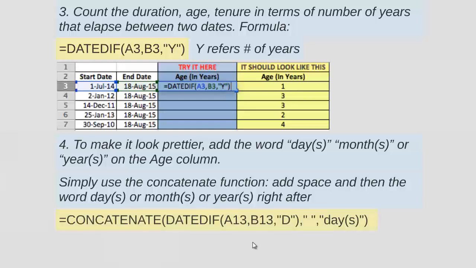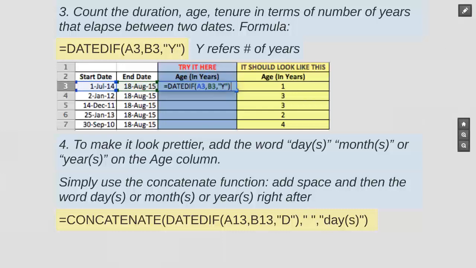And what that would look like is equal CONCATENATE, and then parentheses, DATEDIF, you put the parentheses, and then you put the formula in it, and then you close it, put a comma, you put the quotation, quotation, put a space in between it, and you're just saying, okay, so I want the number of days, putting a space, and then I'm going to put the word days.